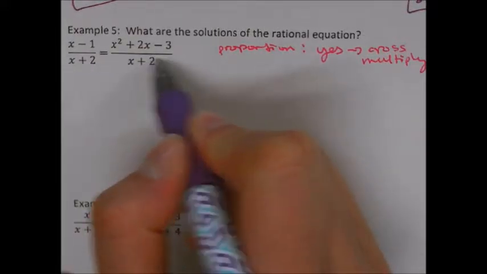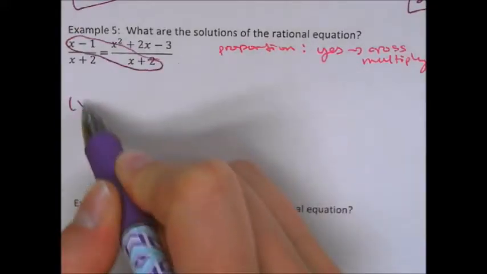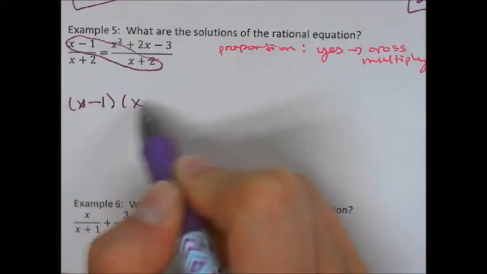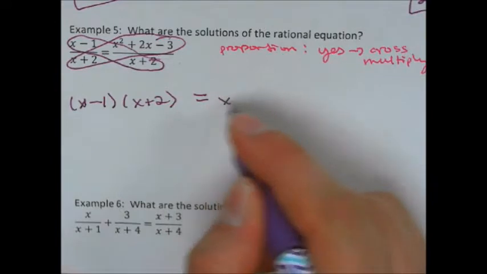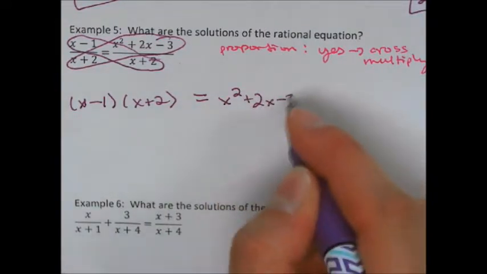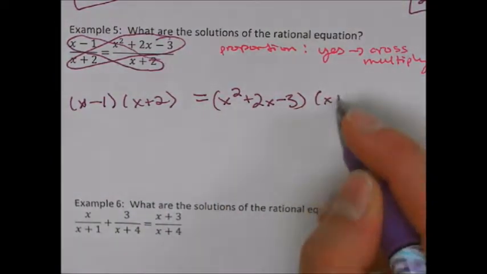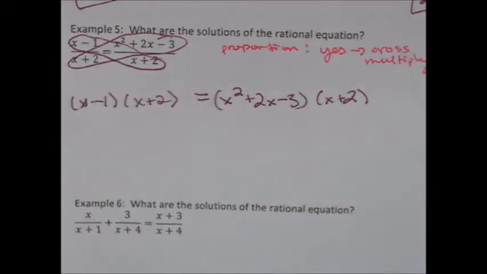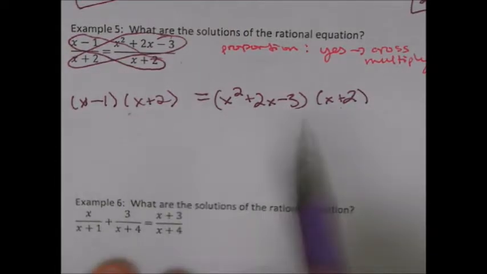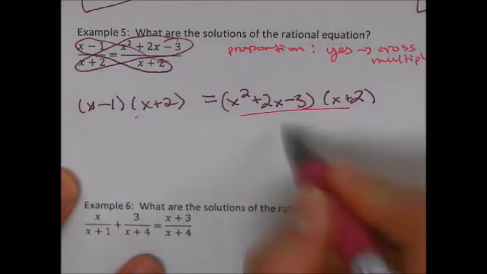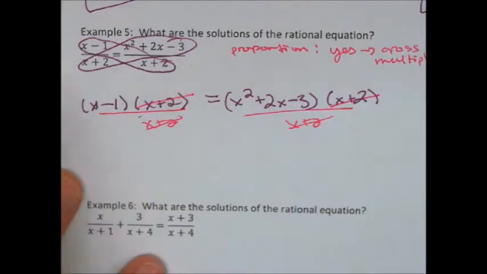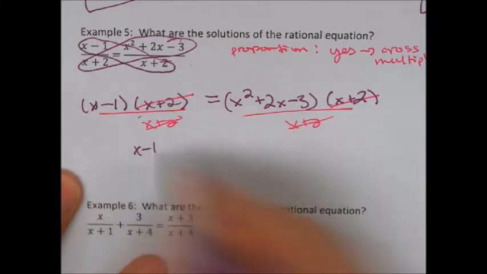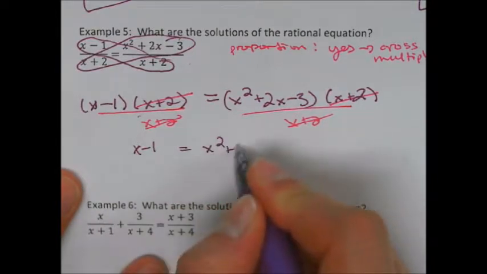So that means we have x minus 1 times x plus 2 equals x squared plus 2x minus 3 times x plus 2. Notice that we have an x plus 2 on both sides, so I can divide by x plus 2. And I'm left with x minus 1 equals x squared plus 2x minus 3.